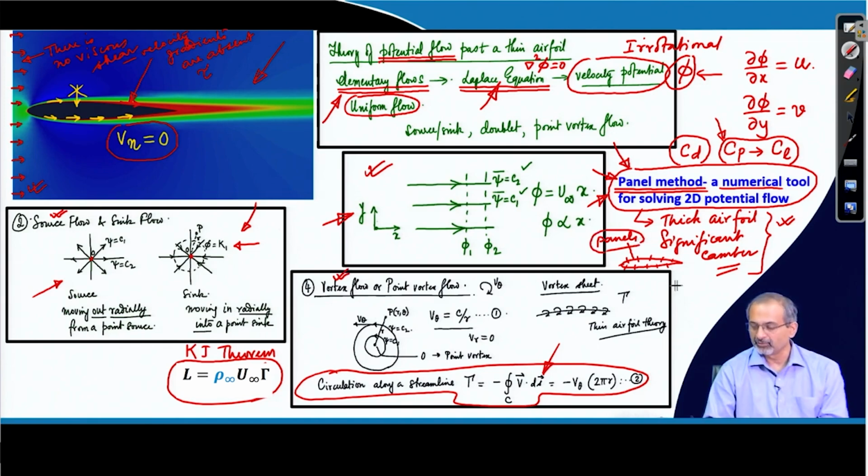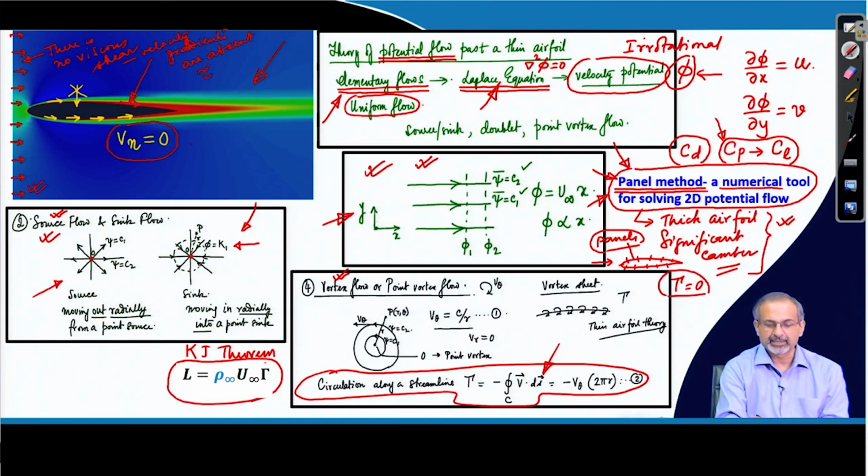So, if you are modeling a flow where circulation is 0, that means you are modeling a non-lifting flow, you can distribute point sources and sinks and combine it with a uniform flow to generate a non-lifting flow past an airfoil.